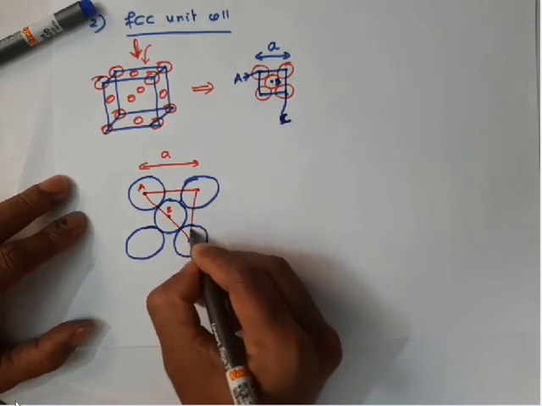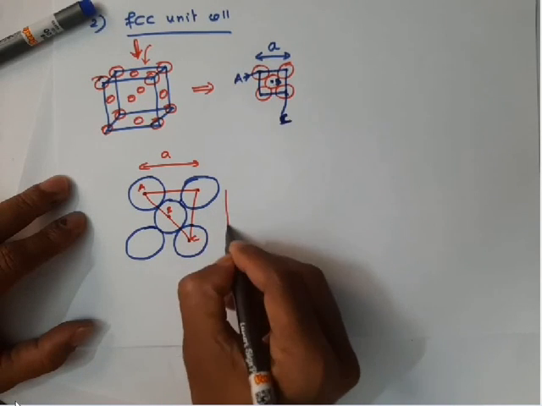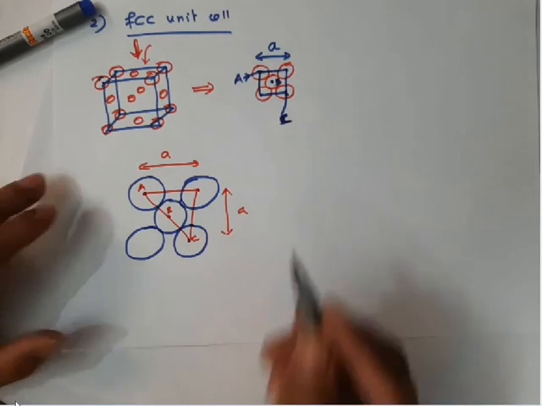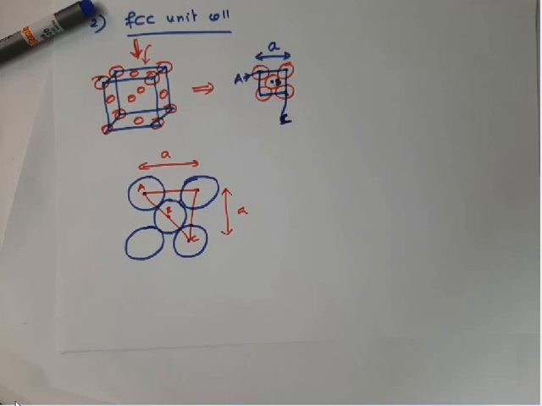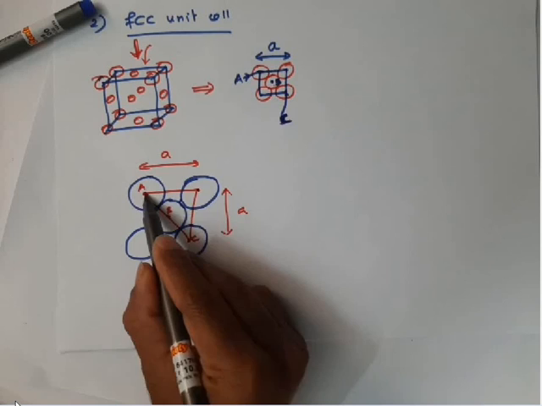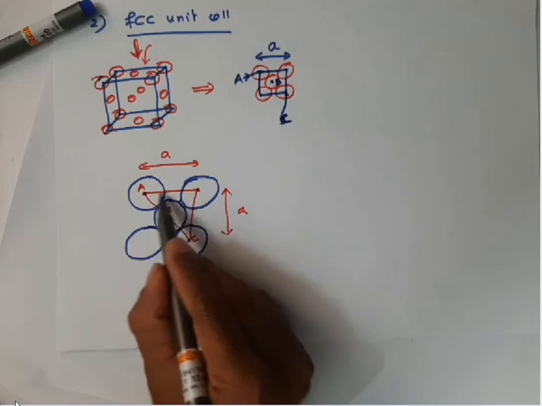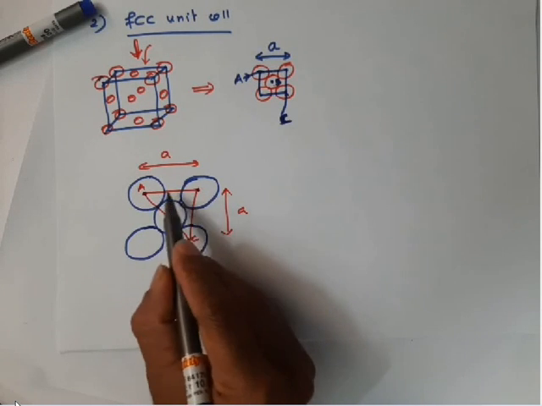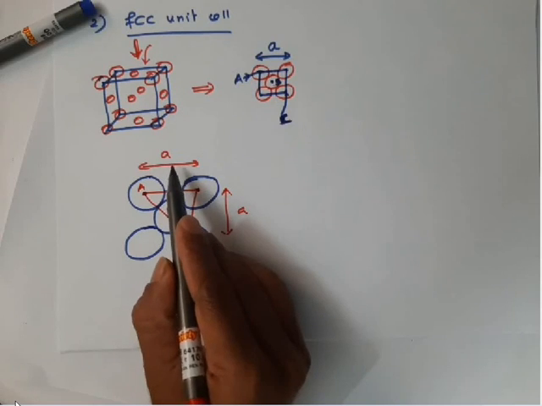Similarly, this is also edge length. This length is also edge length. Students, are you able to follow? Am I going faster? No, sir. Listen, take the center of this corner and this corner, and join them. If you join the corner atoms, that length is nothing but the edge length.